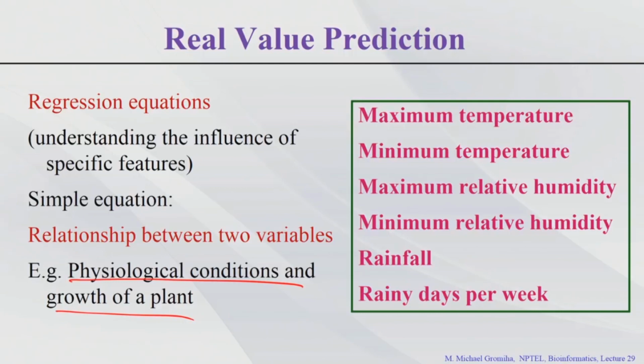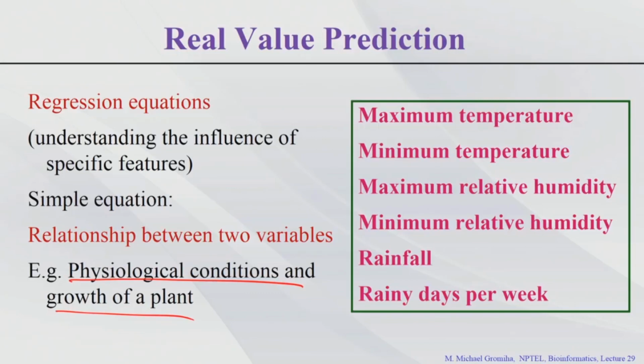If you make a plant, everyone likes to grow it. We cannot grow apple here, right. Likewise, we need to know under which conditions this plant can grow and under which conditions the plant can give fruit. There are various aspects, and I listed some of them. For example, what is the maximum temperature at that place, and what is the minimum temperature? Some plants require high temperature, some plants require very low temperature.